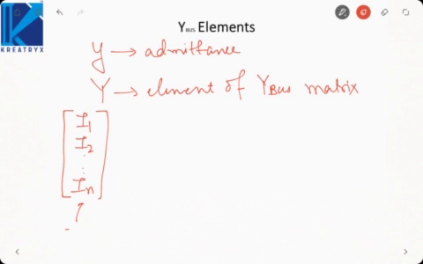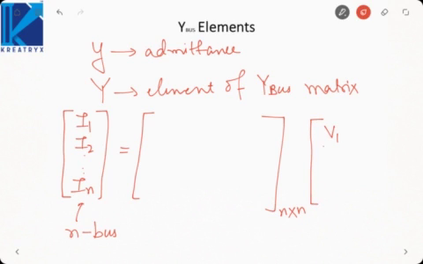So this is your n buses where there are n sources. So Y bus will have an order of n cross n. And here we will have n bus voltages V1, V2 up to Vn.